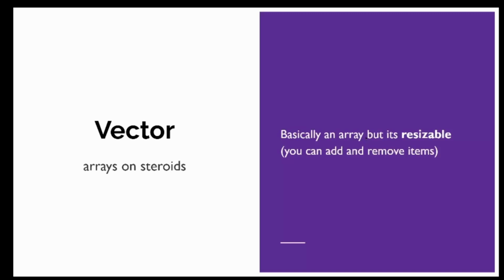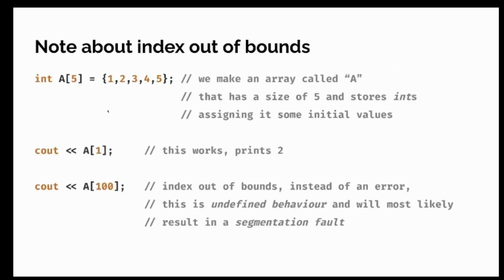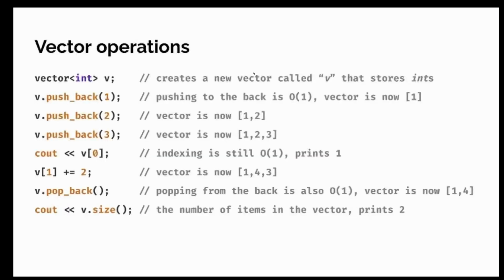Because a vector is resizable. What does that mean? It means that you can add and remove items. So if you initialize an array to have 5 spaces, it can only have 5 spaces. If this is a vector instead, you could add a 6th, 7th, 8th space later on after initializing it. So that's pretty cool.